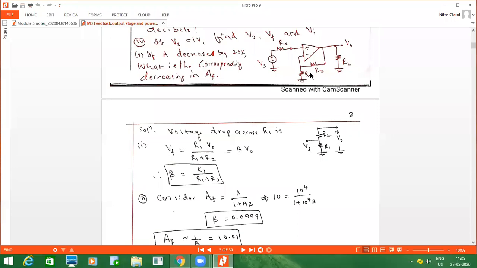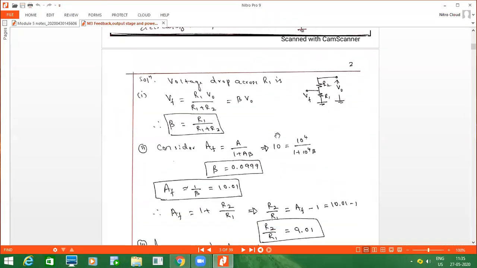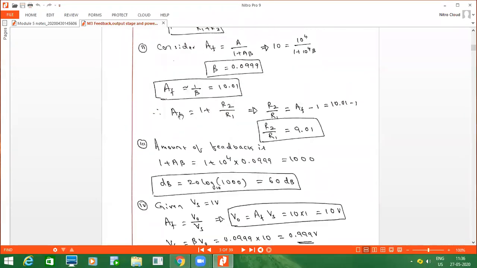AF is equal to minus RF divided by R1, that is for the inverting amplifier. For the non-inverting amplifier, AF is equal to 1 plus RF by R1. That formula I am going to use, correct? So AF is equal to 1 plus RF, meaning R2 here, R2 divided by R1. I know the value of AF, we calculated it, it is equal to 10.